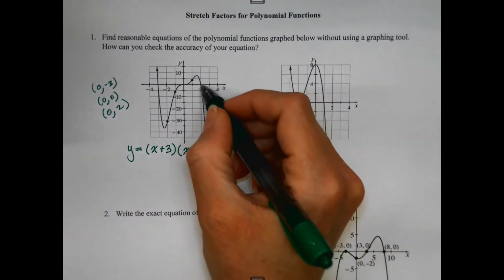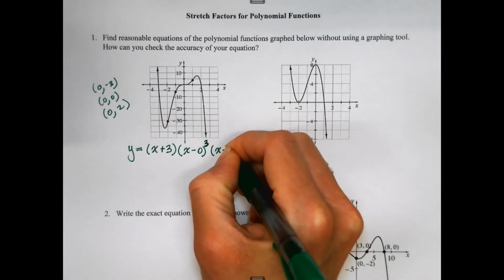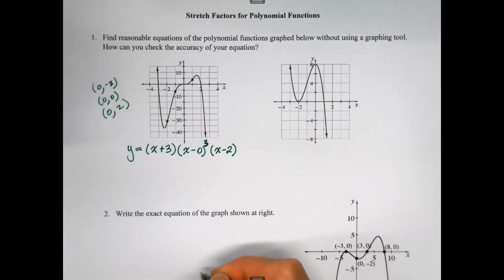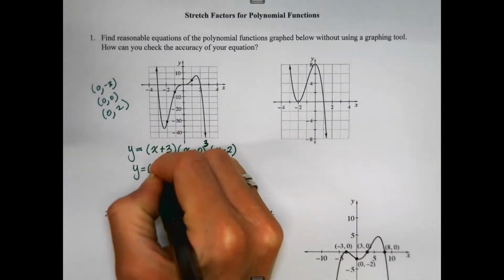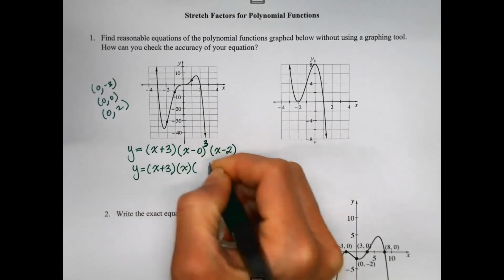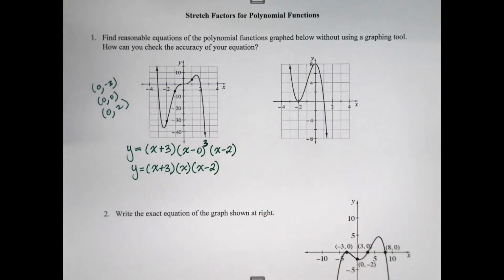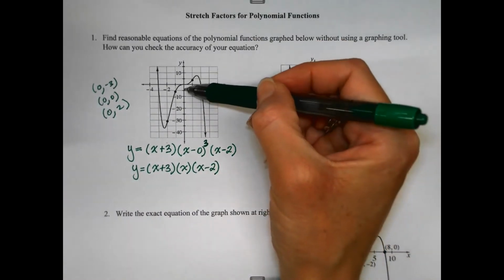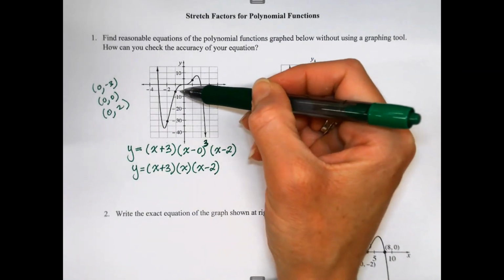And then our x-intercept of 2 is going to be x minus 2. I'm going to rewrite this as y is equal to x plus 3 times x cubed times x minus 2. And now it looks like we have the graph going through a point about -1, -5.